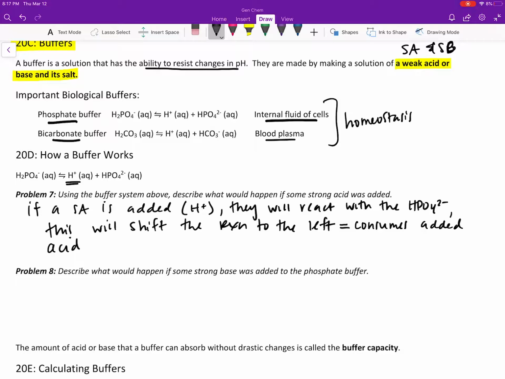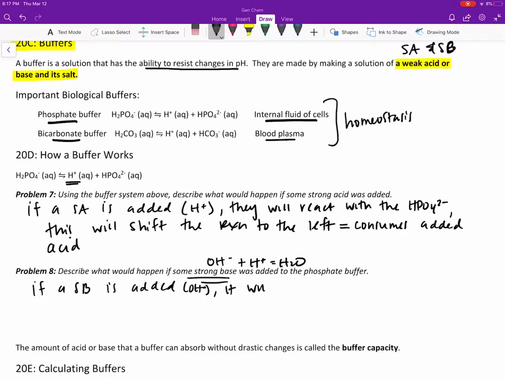So what would happen if strong base was added to the buffer? Okay, so when we're adding a base, we are looking at OH minus. Okay, so if a strong base is added, we're adding OH minus. Well, if we're looking at the reaction above, we know that OH minus loves to react with H plus to produce good old H2O.